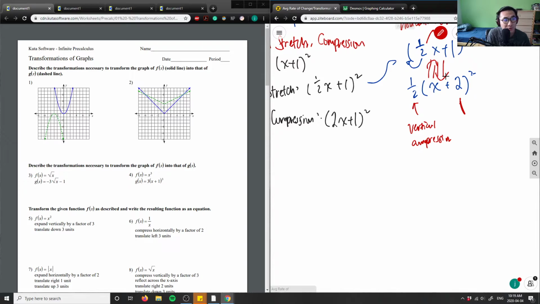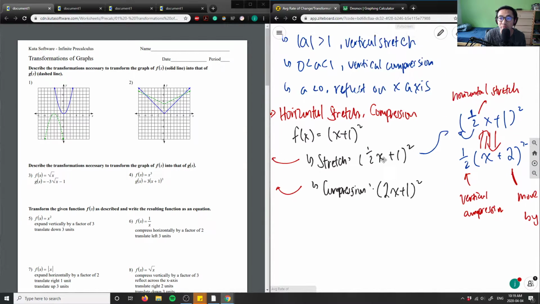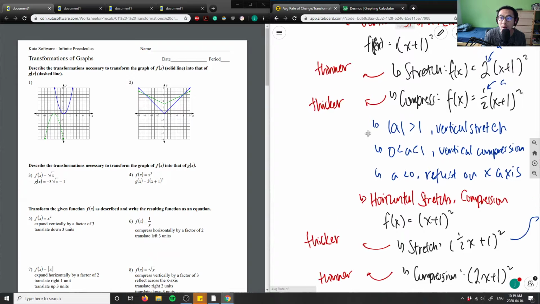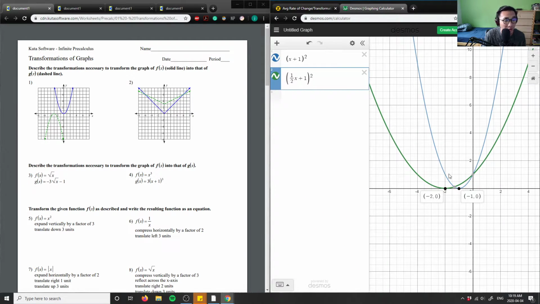Instead of moving left by 1, I'm going to move left by 2, right? So it's going to move 1 more left than before. And as you can see here, I'm shifting 1 more to the left, and then I'm also doing a vertical compression, right? As you can see, vertical compression makes it thicker, right? And that's what I got here, a vertical compression.